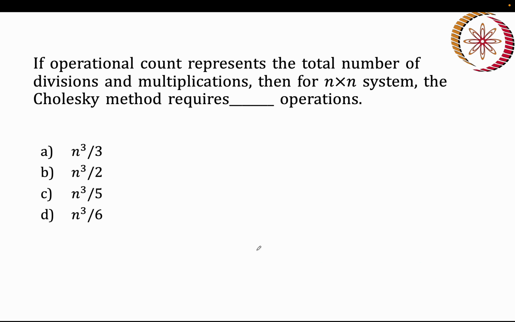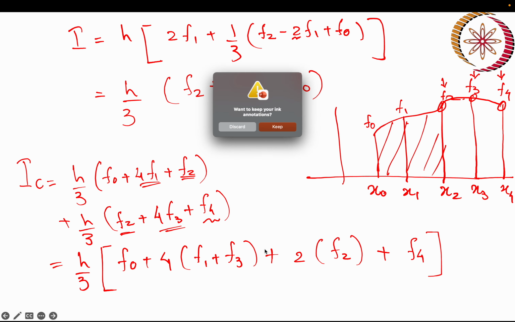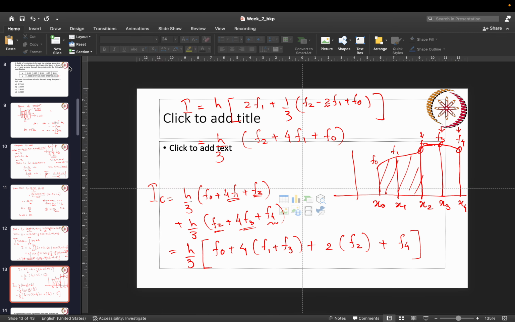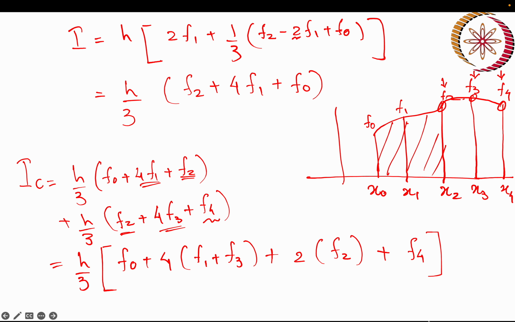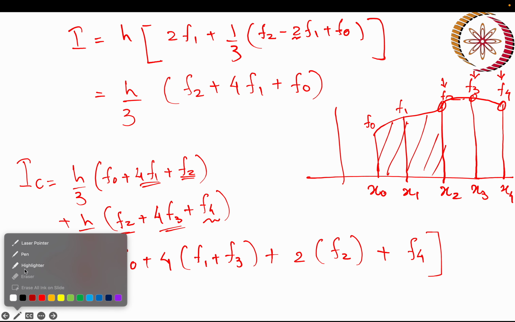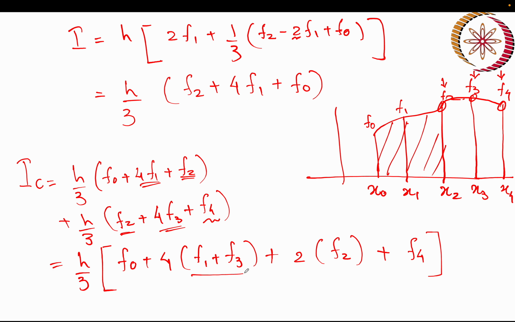So this formula, you can see that these terms are the odd terms which have the coefficient 4, and these are even terms which have coefficient 2.